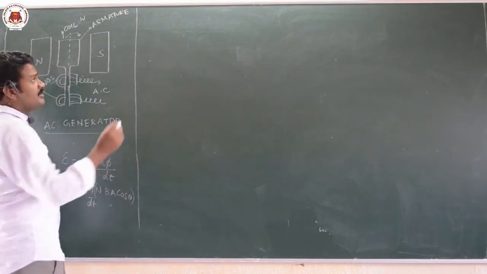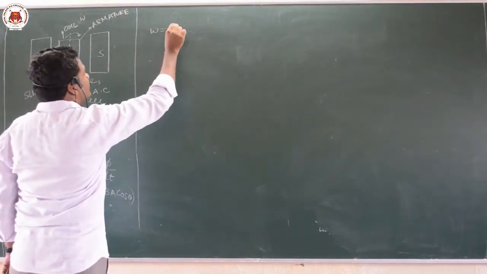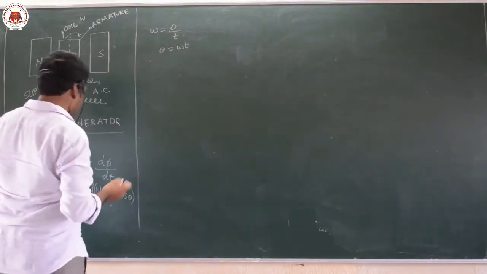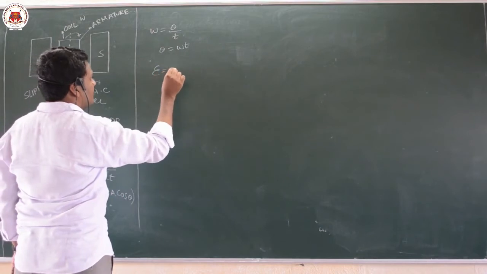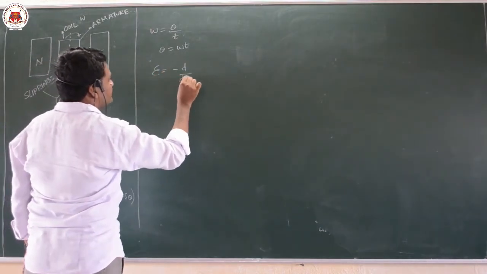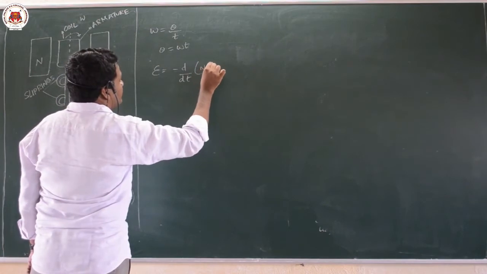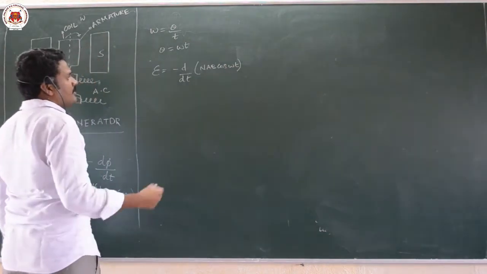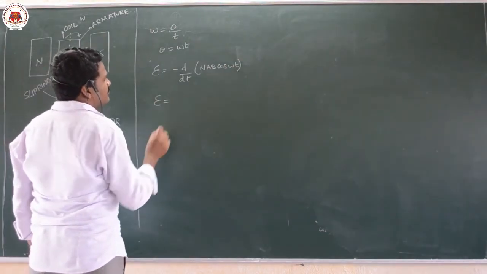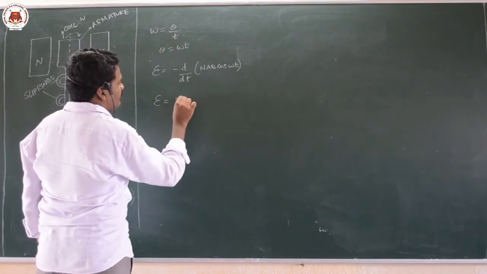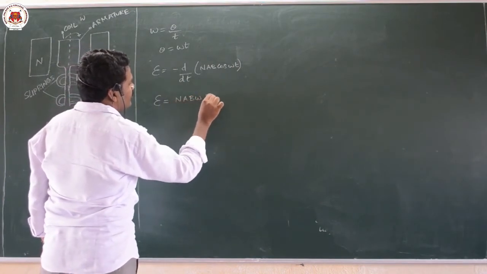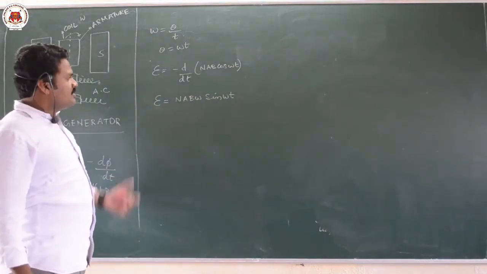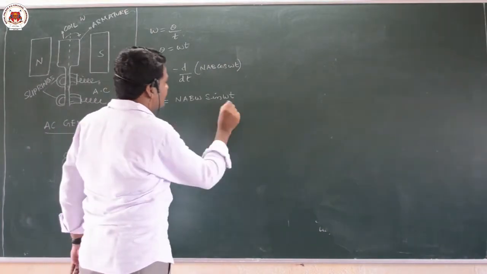This theta I can write as omega t, because omega is equal to theta by t. So E is equal to minus d by dt of n A B cos omega t. After differentiation, we get n A B omega sin omega t. This is the formula of the EMF we are going to generate.